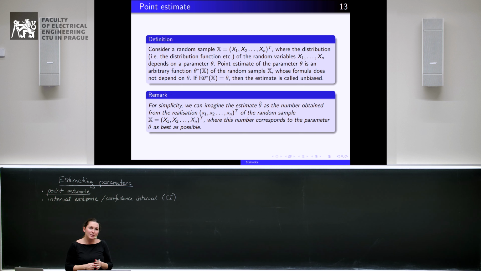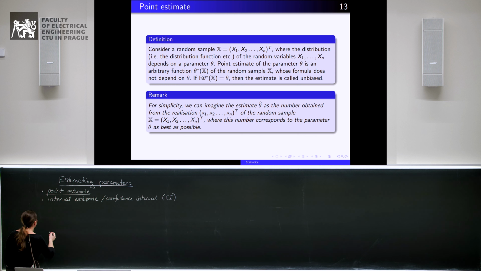And then the nice estimate is such that the expected value of this random variable is equal to the real parameter. If you don't understand this definition, it's normal, it's natural, because it is really, really difficult to imagine it.